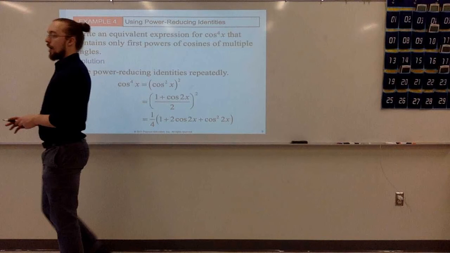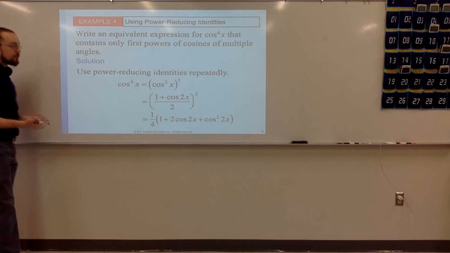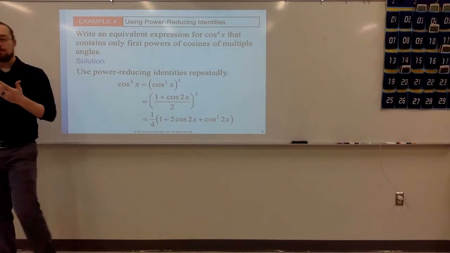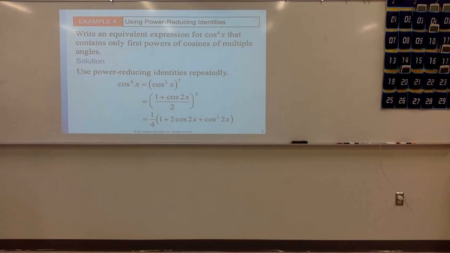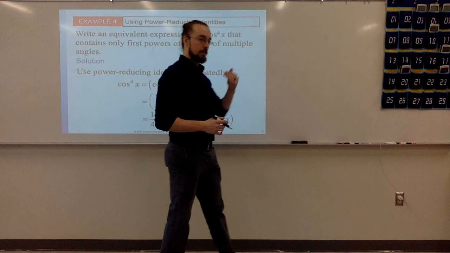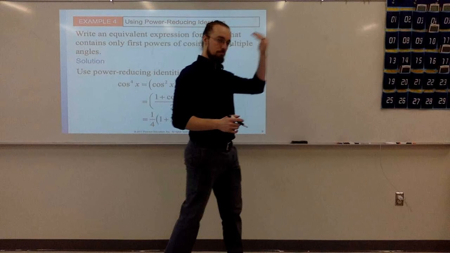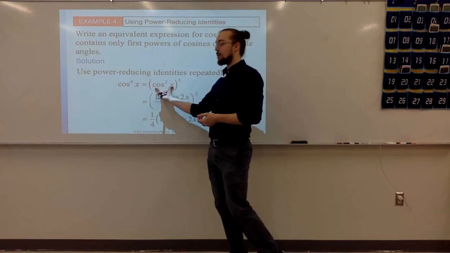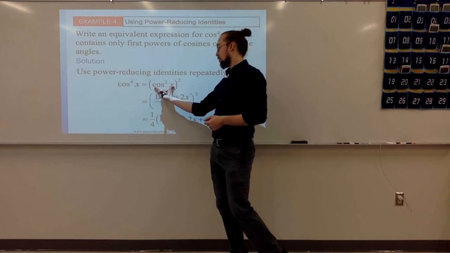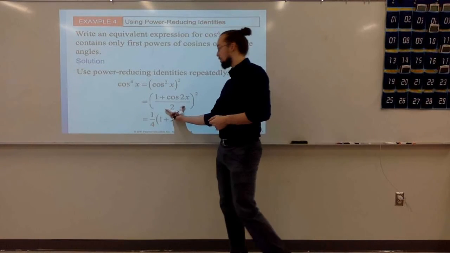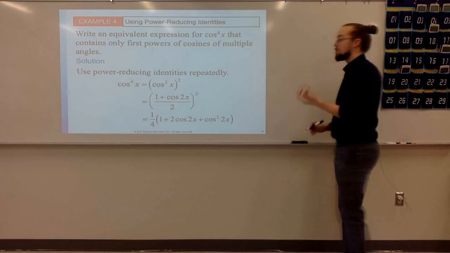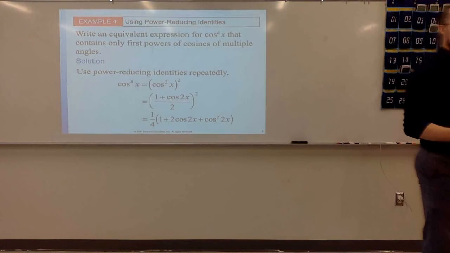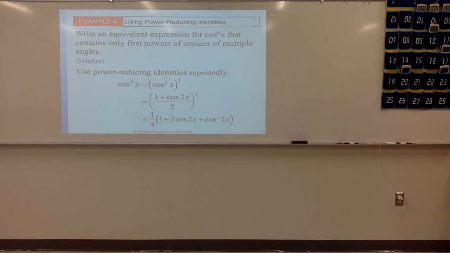I can first say that cosine to the 4th is equal to cosine squared squared. I can split cosine to the 4th up into cosine to the 2nd power, and then use our power reducing formula on cosine to the 2nd power. And so we know cosine to the 2nd power is just equal to 1 plus the cosine of 2x all over 2.